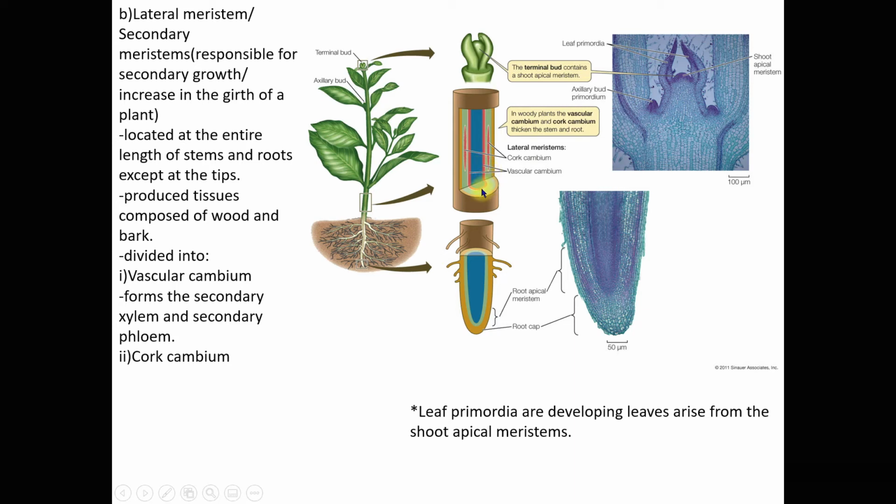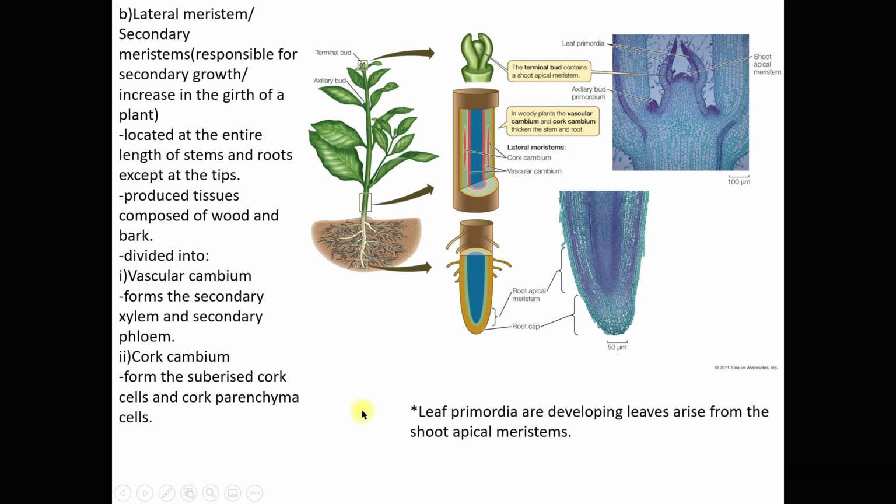Bahkan yang merah ni, vascular cambium. Next, cork cambium. Boleh nampak tak cork cambium ni? This cork cambium forms the suberized cork cells and cork parenchyma cells. I will further explain this in the next slide.